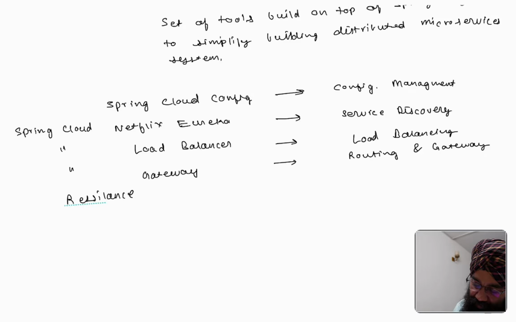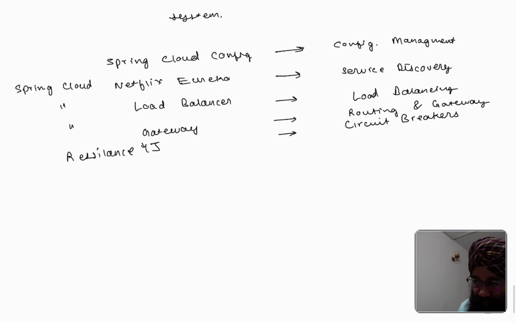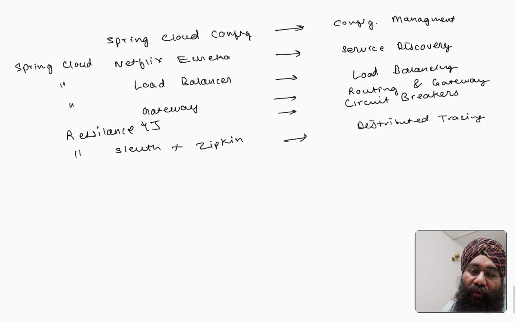So it gives us circuit breakers, which make the system more fault tolerant, and it provides us with Spring Cloud Sleuth plus Zipkin, which helps us with distributed tracing. Using these ready-made components, we can make our microservices independent, scalable, and deployable.